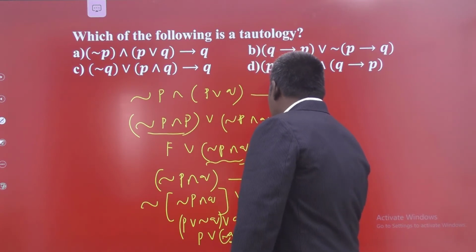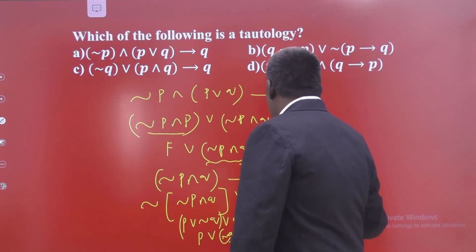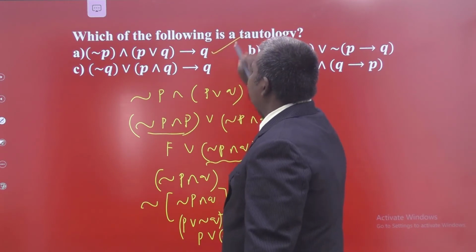True, which gives P ∨ True. P or true is true. So the first option is always true.